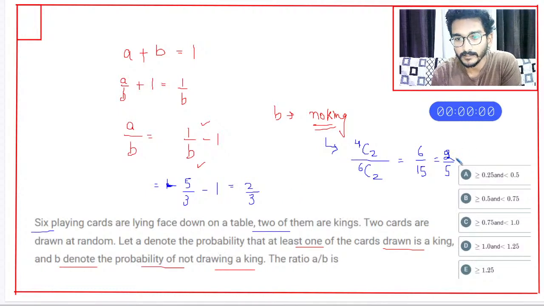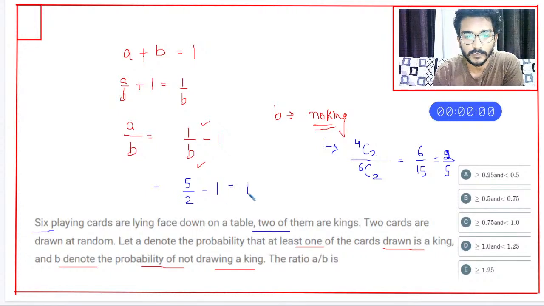Again, calculation mistake. It is 2 by 5. So it is 5 by 2 minus 1. That's 1.5. So which option is having 1.5? Greater than 1, option number E. So that's our answer.